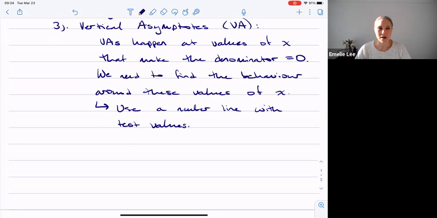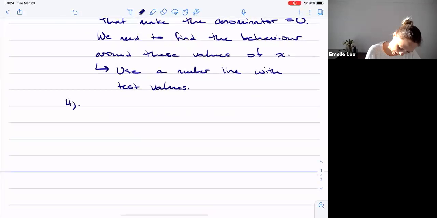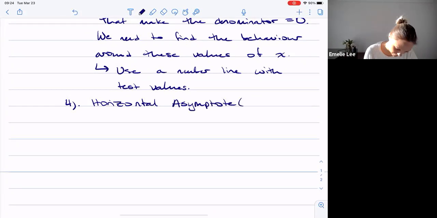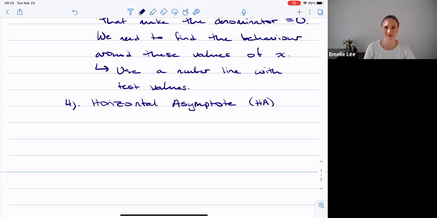Now, our fourth step, and I would argue our last step, unless you count doing the actual sketch as a step, is the horizontal asymptote, singular, which we will abbreviate HA. Horizontal asymptote. So our R of x, our rational function, is a polynomial over a polynomial, right?